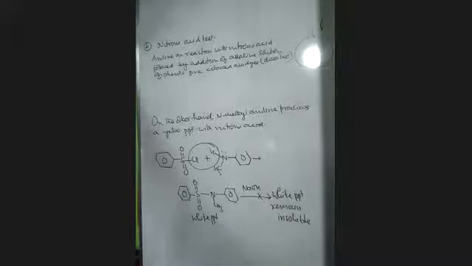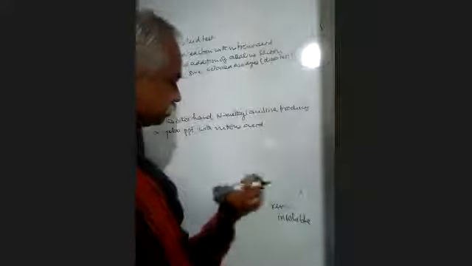Why does it form? Because it forms N-nitrosamines. So this one I'm going to write it for you. And here you will write this equation. Just now we have done.